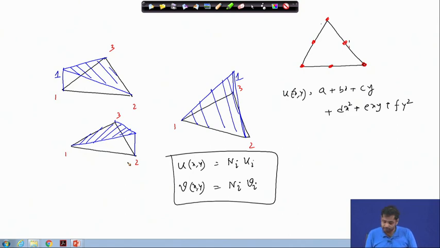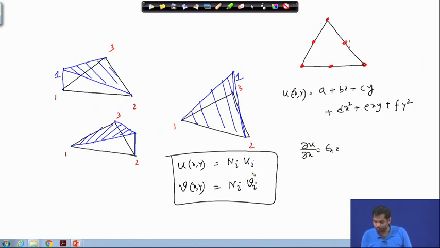Now, once you approximate the displacement, how can we write the displacement vector? Once you have this, we have to calculate the strain. Suppose I have to find del u del x, which is epsilon x.